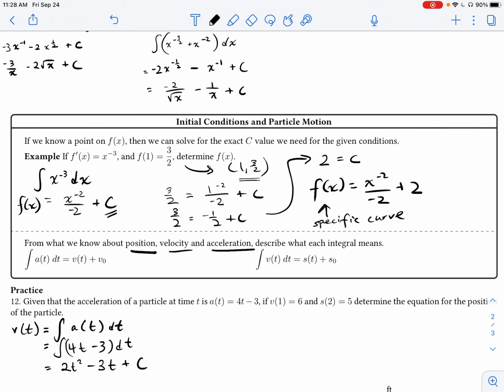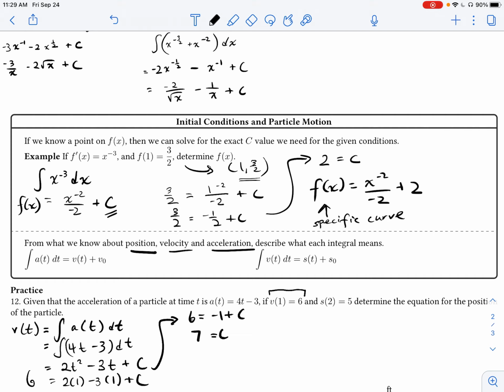Now that we have our velocity function, let's plug in what we know to solve for c. And we're going to say that our v value is equal to 6, our t value is equal to 1, and we can say here that since 6 is equal to negative 1 plus c, c is equal to 7, okay?